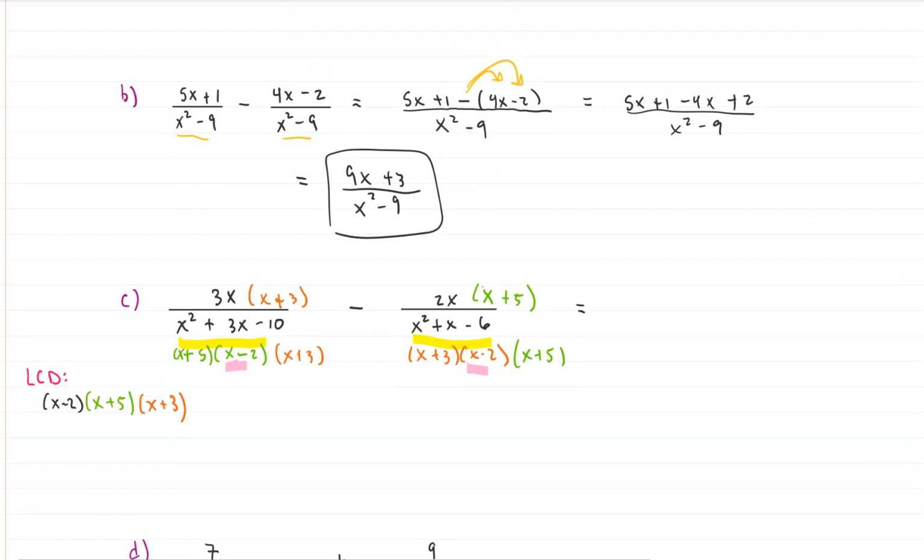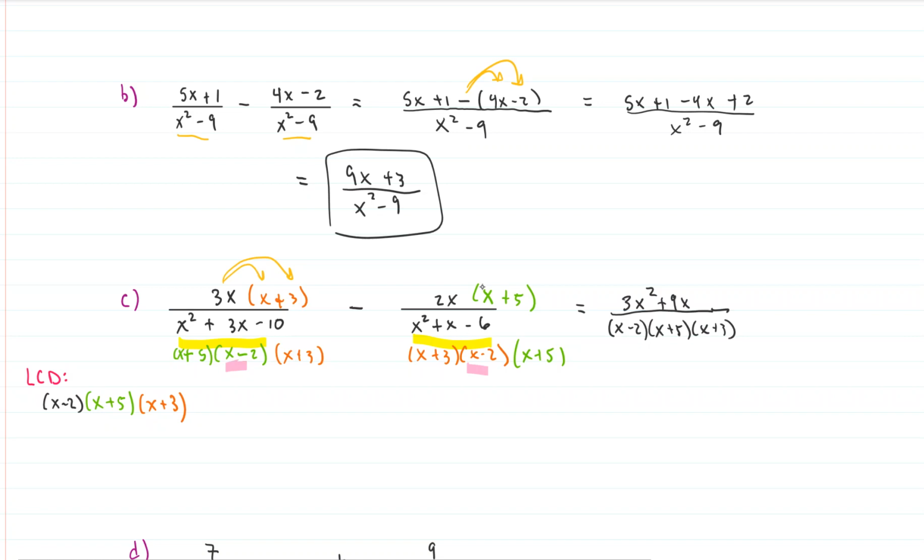So if we distribute the 3x into the x and the 3x into the 3, we would have 3x squared and 9x. And in the bottom, we're going to have x minus 2, x plus 5, and x plus 3, our common denominator, right?